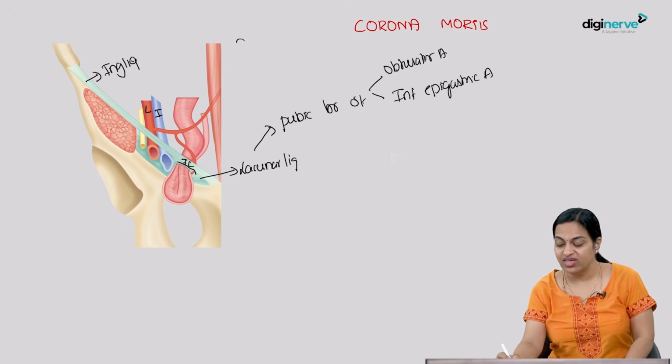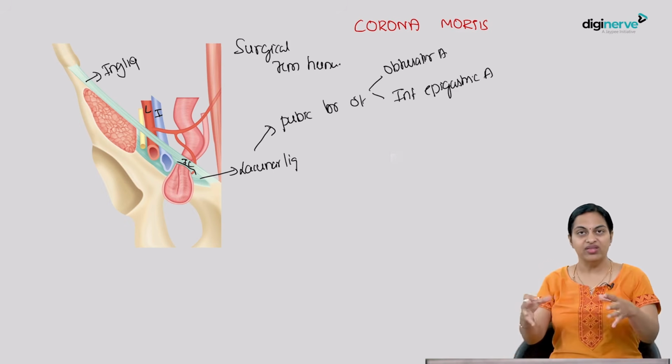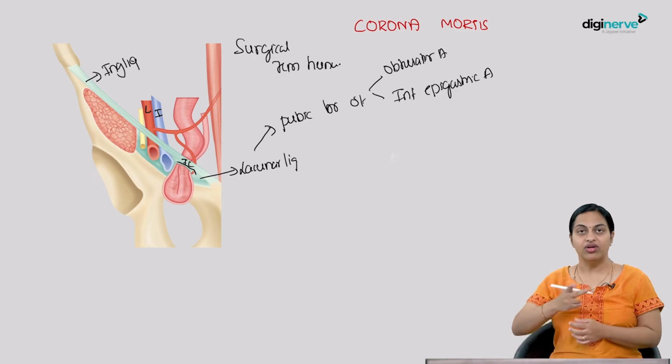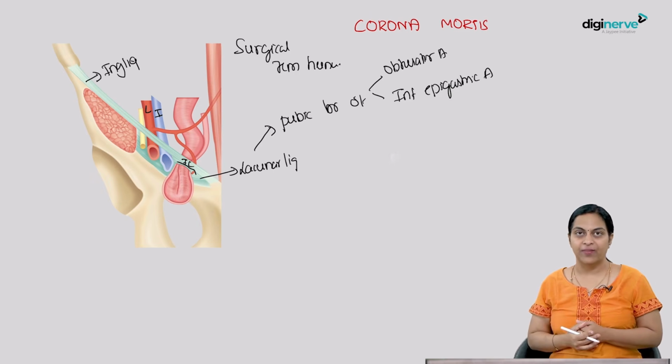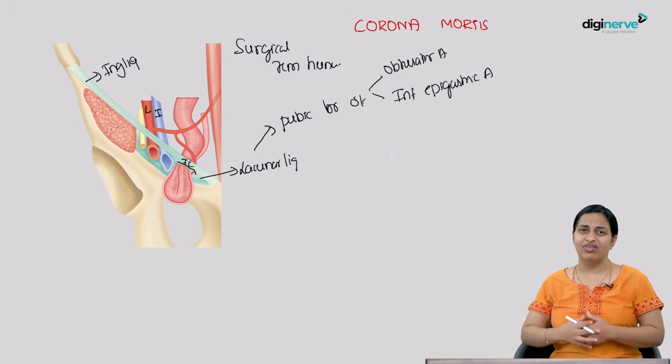During surgical management of this femoral hernia, they widen this femoral ring. They have to cut through the lacunar ligament, and accidentally, if this pubic branch is abnormally enlarged, it will lead to severe hemorrhage.